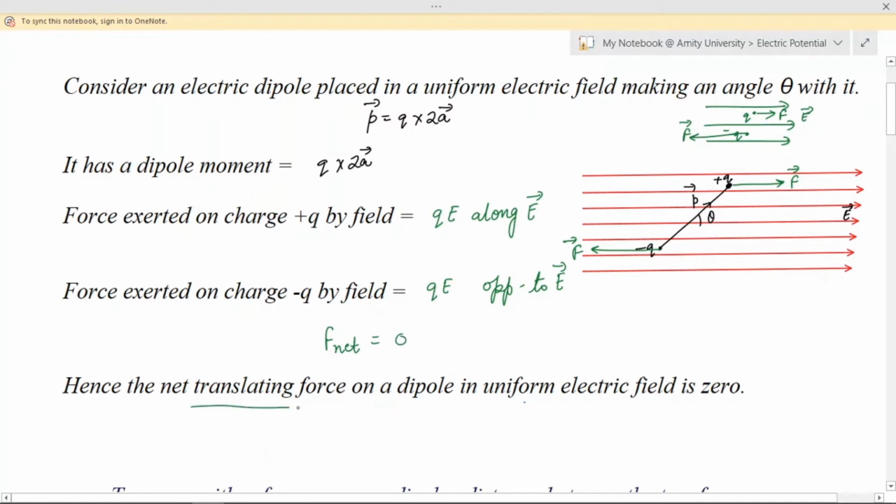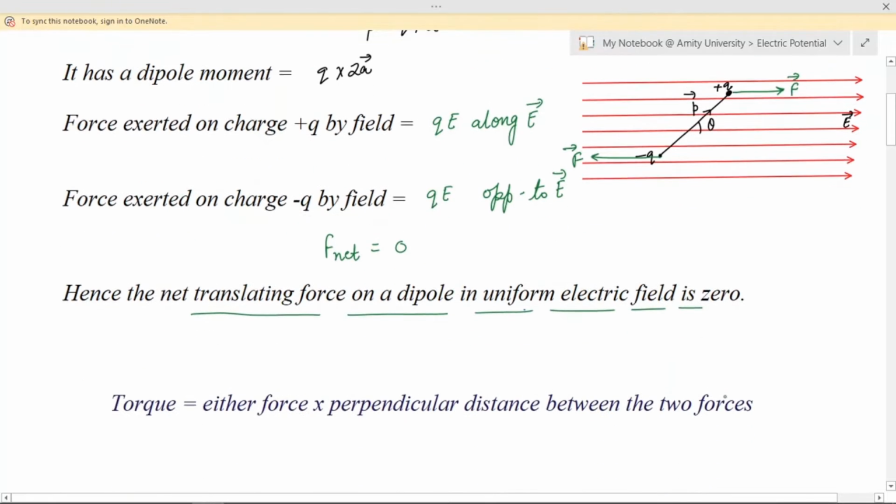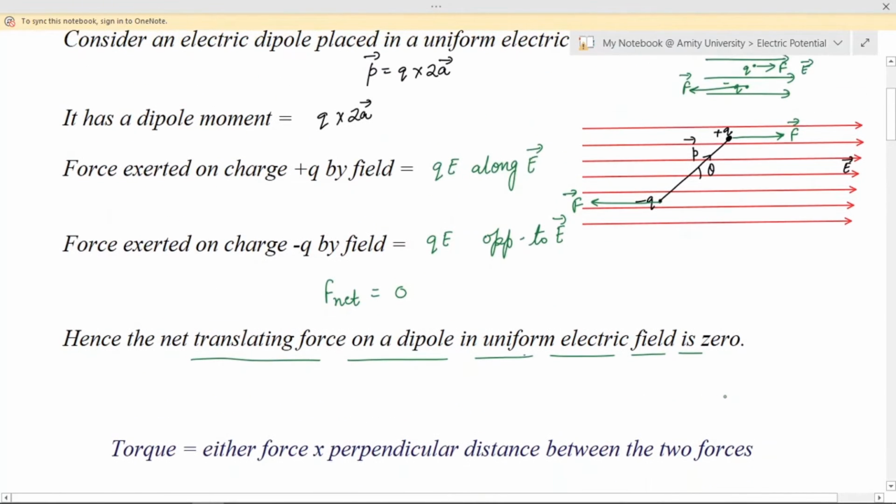Hence, the net translating force on a dipole in a uniform electric field is 0. But if you notice, these forces are equal and opposite, but the lines of action are different. The line of action is not the same. There is some perpendicular distance between the two forces.